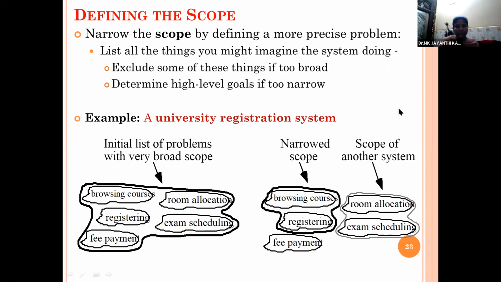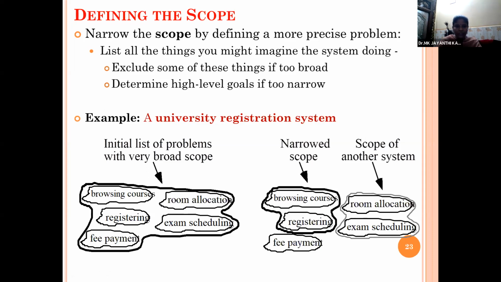Say, for example, exclude some of the things if it is too broad, and determine high level goals if it is too narrow. So once the problem is identified, we should check the scope: what are the various solutions available, is any new solution available, and what are the advantages and disadvantages of the existing solutions. Then we should go for a particular solution method which can improve on the existing problem.